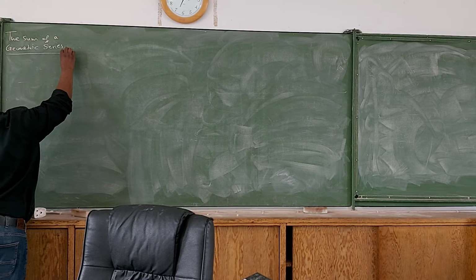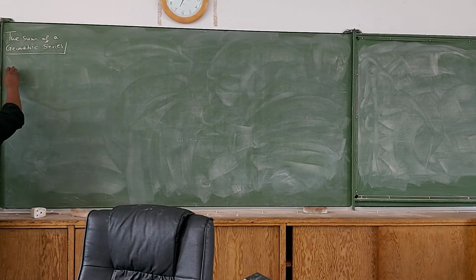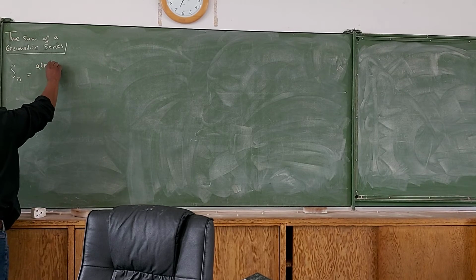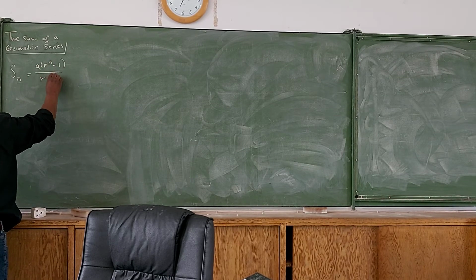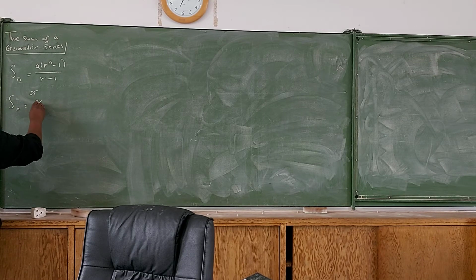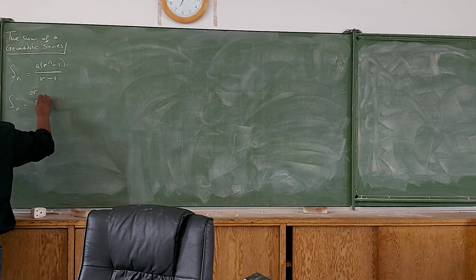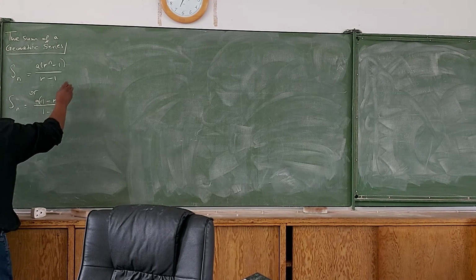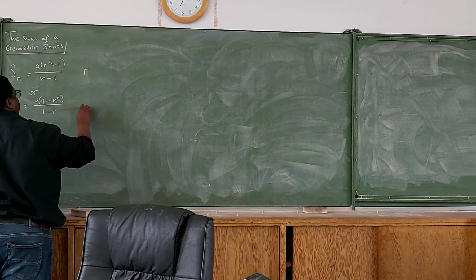So, the sum of a geometric series: r to the n minus 1 over r minus 1, or you can use the other one. We tend to use this one when r is greater than 1.